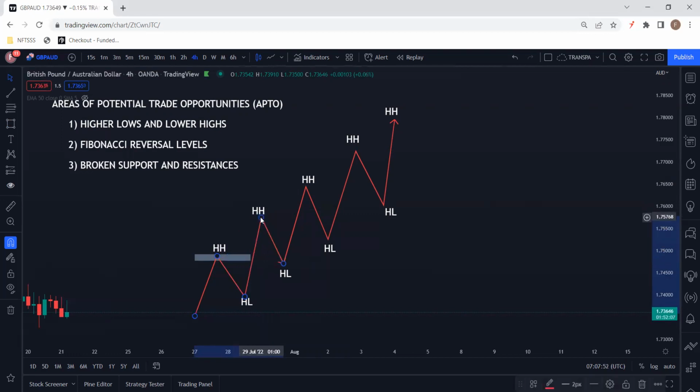Yes, wow, the market is very bullish, let's start buying. No, it's too risky to be buying from a higher high. What then do we need to do? We simply wait for a retracement, for a slight pullback.